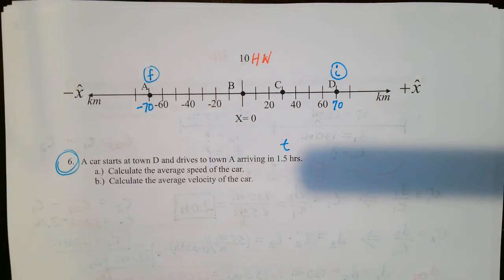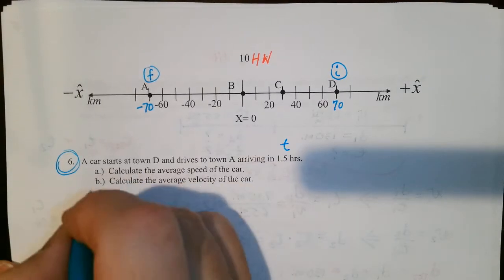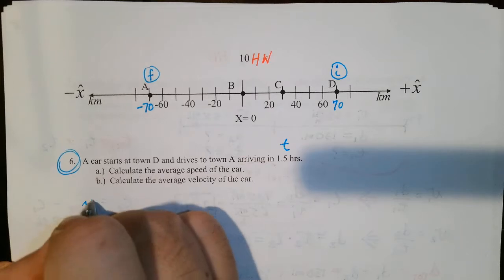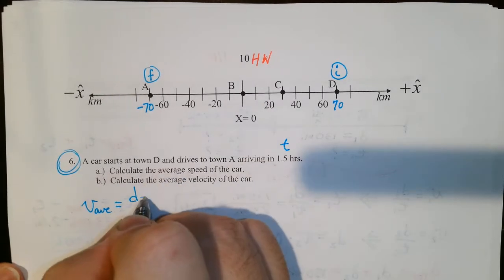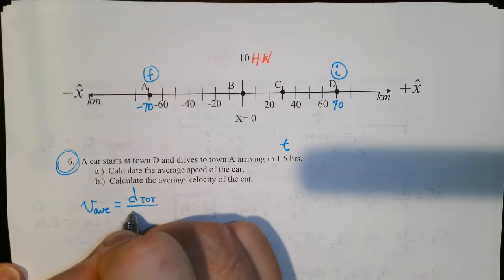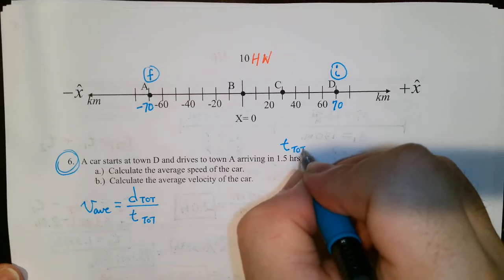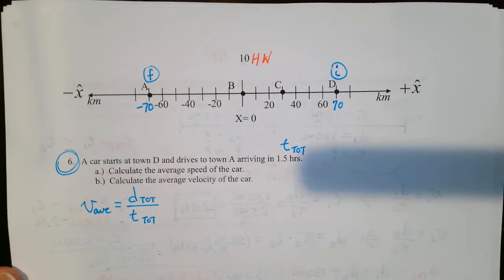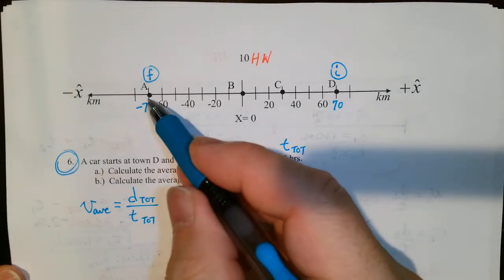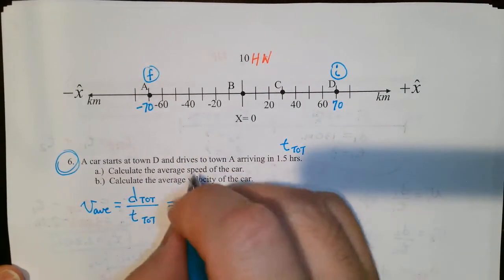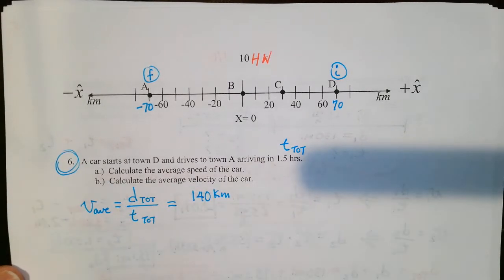So, A, calculate the average speed of the car. Well, the average speed is equal to total distance divided by total time. This is the total time. Therefore, the distance I travel from here to here is just 140 kilometers. And notice I don't put any negative signs or anything like that.